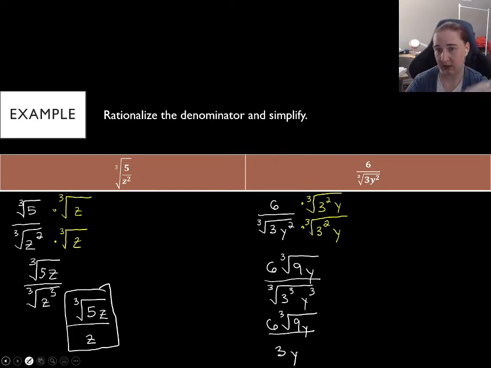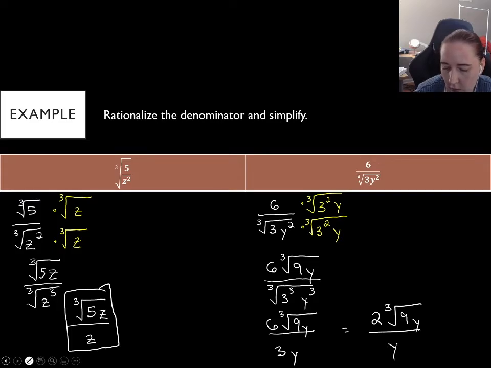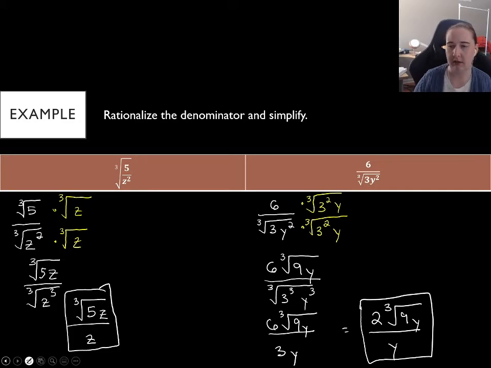And the 6 can be divided by 3, which will give us 2. So this becomes 2 times the cubed root of 9y over y. And so that is simplified.